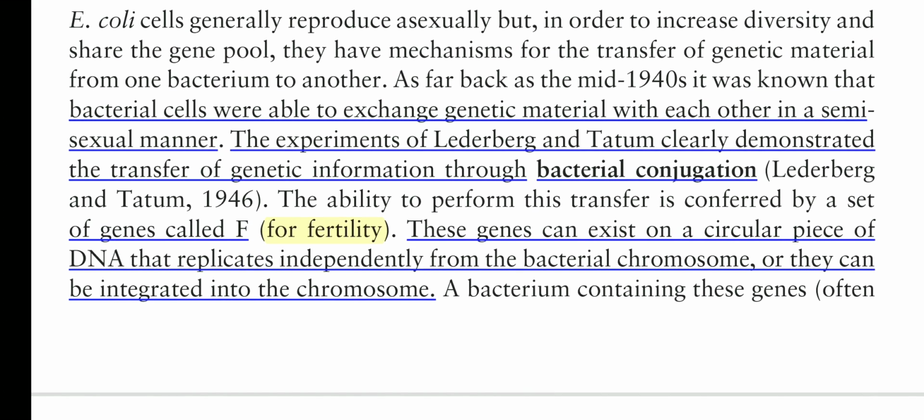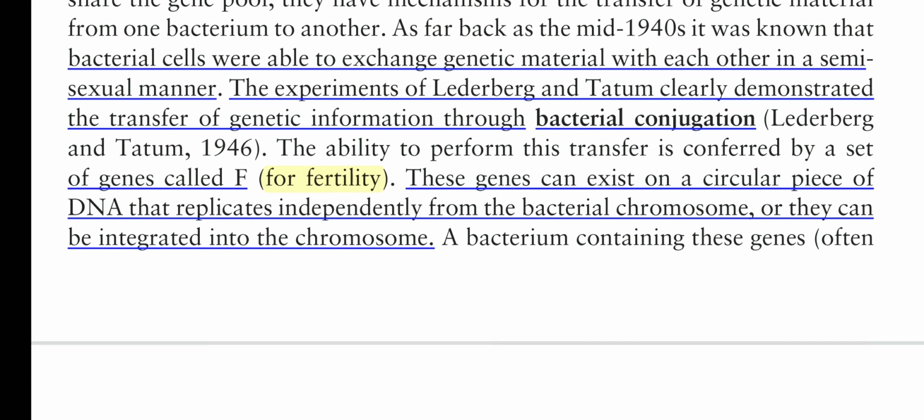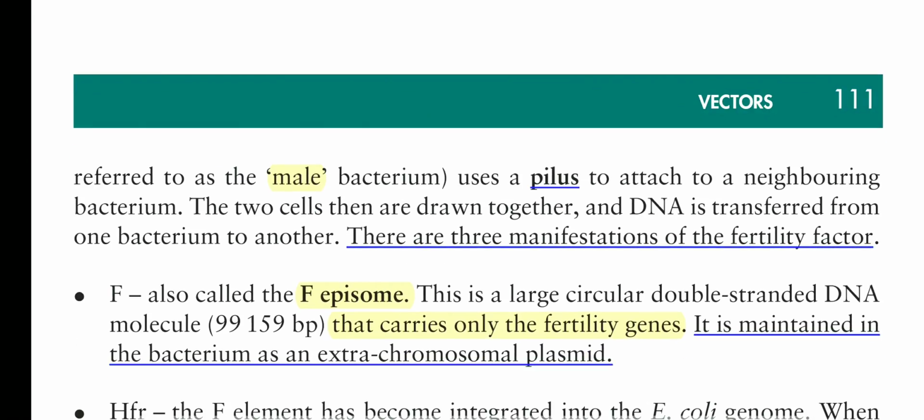Bacterial cells are able to exchange genetic material, so the experiments of Lederberg and Tatum early demonstrated the transfer of genetic information through bacterial conjugation. Genes can exist on a circular piece of DNA that replicates independently. That is the plasmid I'm talking about here. They can be double stranded and replicate on their own.